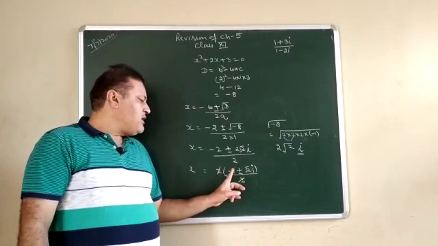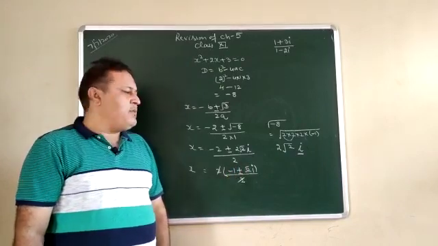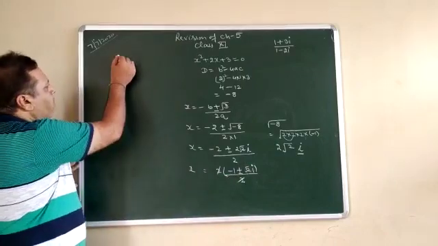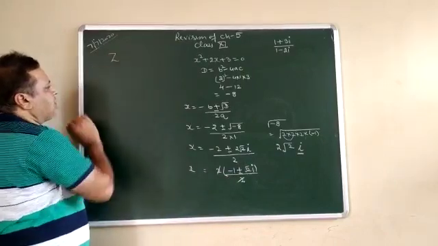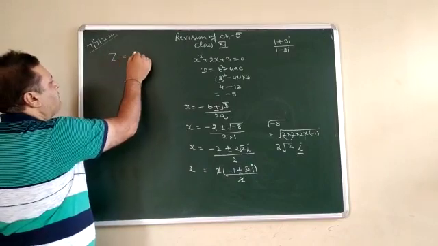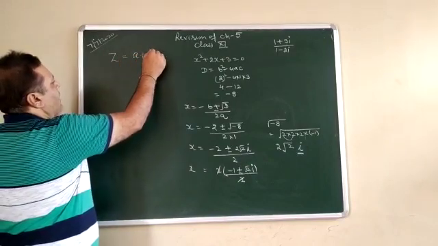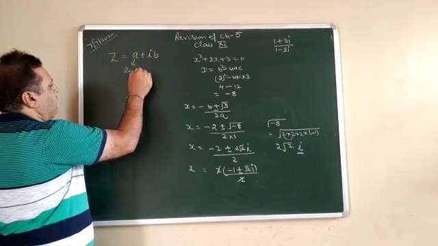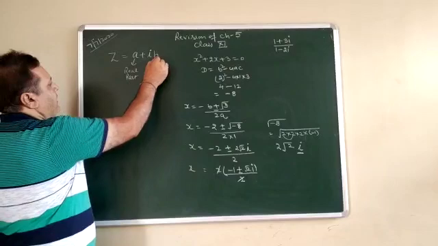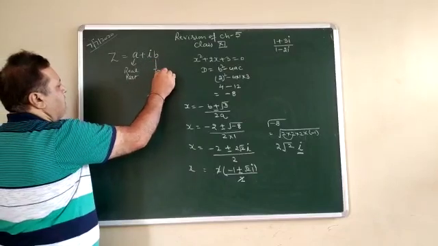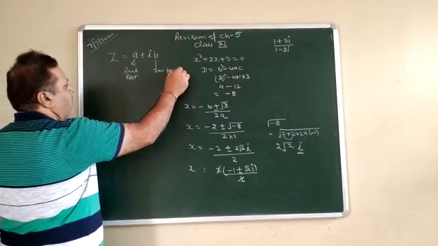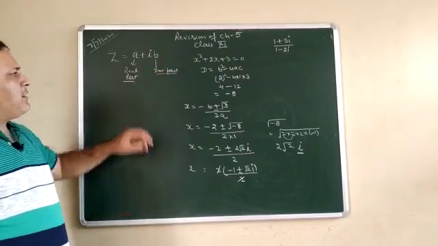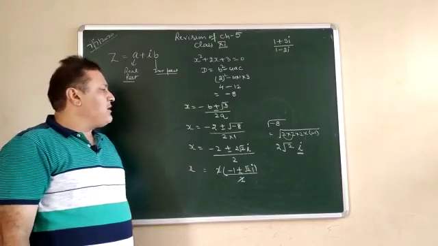Whenever there is a combination of real part plus imaginary part, there is a formation of a complex number. A complex number is represented by z, normally written as a plus iota b, where a indicates its real part and b indicates its imaginary part. So a complex number is a combination of two things: one is the real part and another is called the imaginary part.